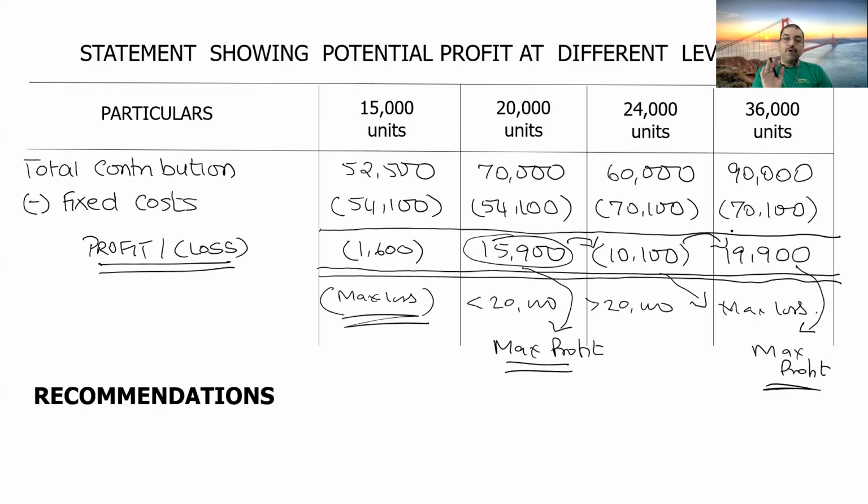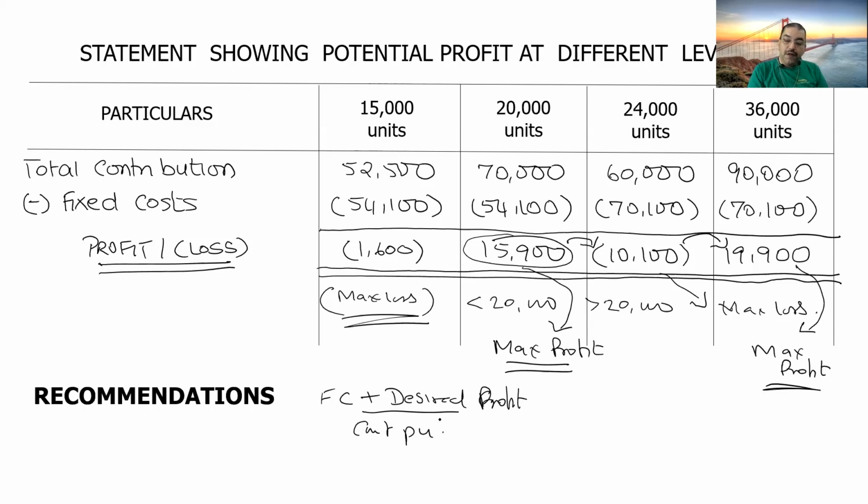Now I am saying that I want a minimum profit of 15,900, but I want to sell more than 20,000 units. Then in that case, I apply the concept of number of units to be produced. I first find out the break-even point, which is fixed cost plus desired profit, divided by contribution per unit.